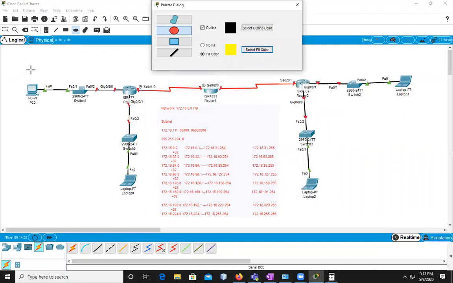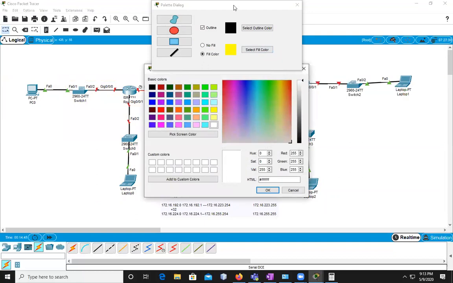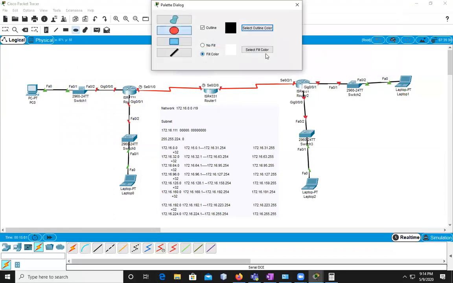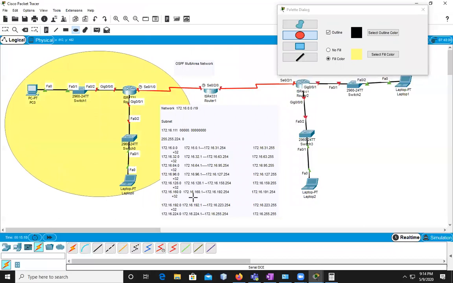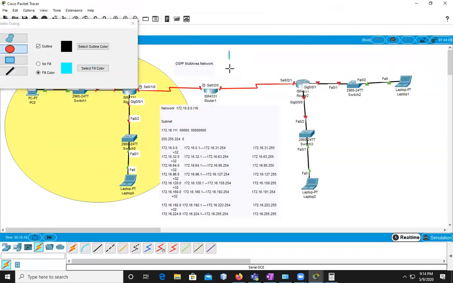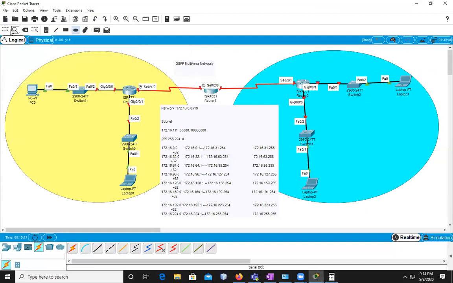This is my area 1, and that's my area 2. This is router R1.